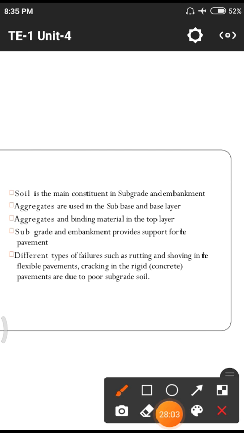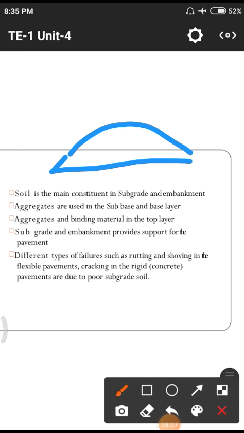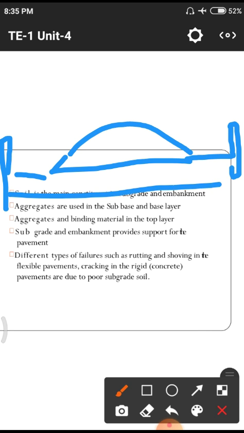I will show. This is the total base we have, and after that we have some quantity of embankment. After that we have the shoulders. Okay, this is the total structure of the road. Normally I am enlarging some dimensions in the road. Why? Because you need to identify the drainage and the super elevation, so that subgrade and embankment provide support for the pavement.